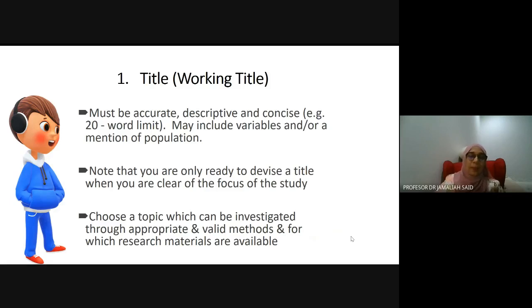I'll show you some examples of theses having these three things that examiners or readers are looking for. Normally you can develop a good title if you are clear on the research objective, because the title reflects the objective of the study. So having a clear objective will determine the choice of a good title.